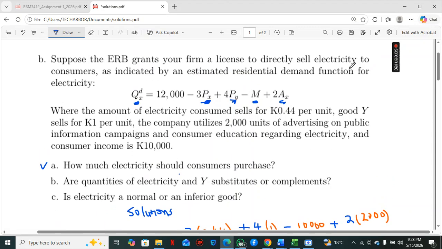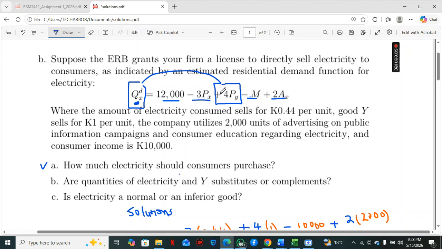Okay, so here, even before we make any calculations, let us just look at the relationship between first the quantity of electricity and the price of good Y. All these others are held constant. Okay, so we have a plus sign here.